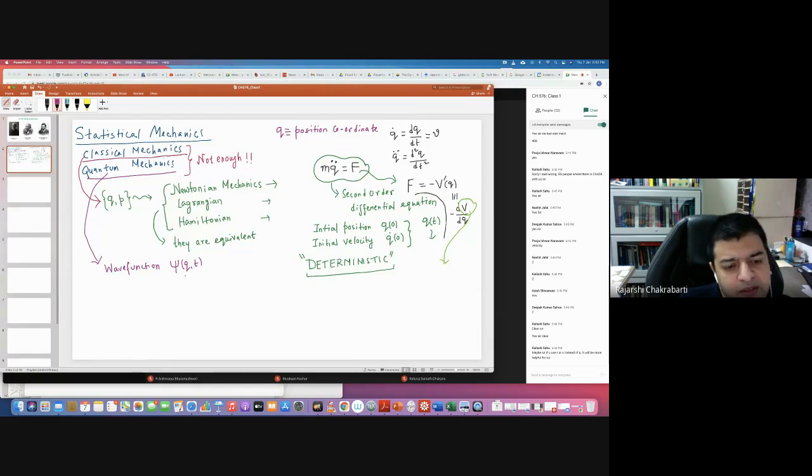Then you have a set of rules by which this wave function, which has all the information of the system, evolves as a function of time. But the structure of quantum mechanics is what is known as probabilistic. I think many of you know.